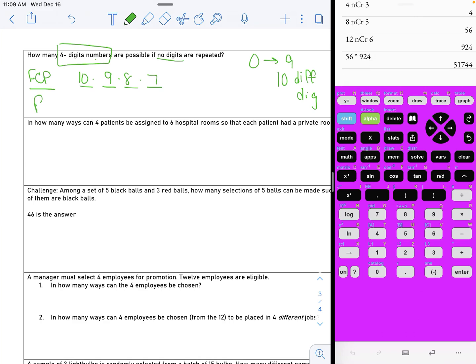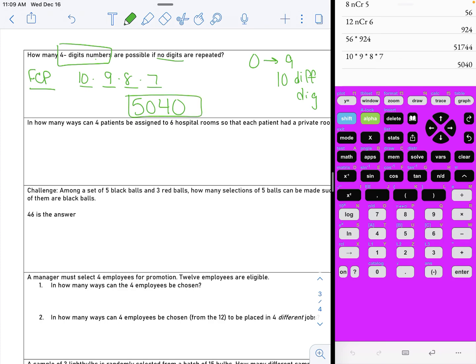Now, if any of you want to try the permutation of 10 and 4, because you have 10 different digits taken 4 at a time, you might realize this is the same thing. But when I talk about different digit numbers and passwords and stuff, I just like the fundamental counting principle. So I'll do 10 times 9 times 8 times 7. So there it is, 5,040. And that is with no repeats.